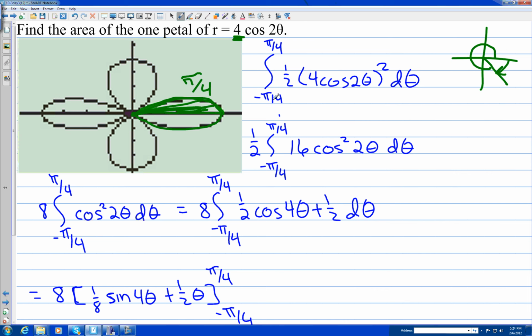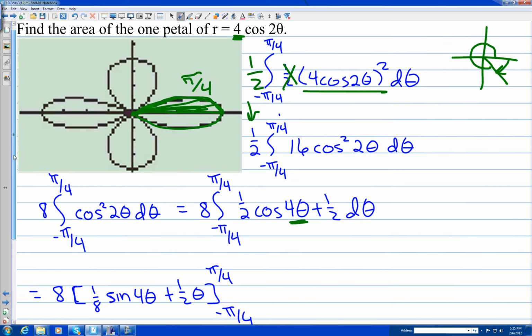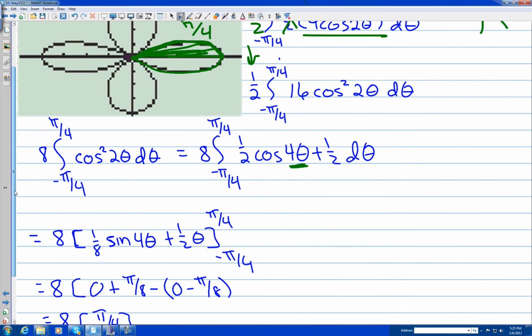So we can go from negative pi over 4 to pi over 4, and there's the 1 half, and usually we write that to the outside like I've done here, and squared the r. So we have 16 cosine squared of 2 theta, which when we make that substitution is going to be 4 theta. Then we can integrate, and we can come up with an answer of 8 pi units squared.